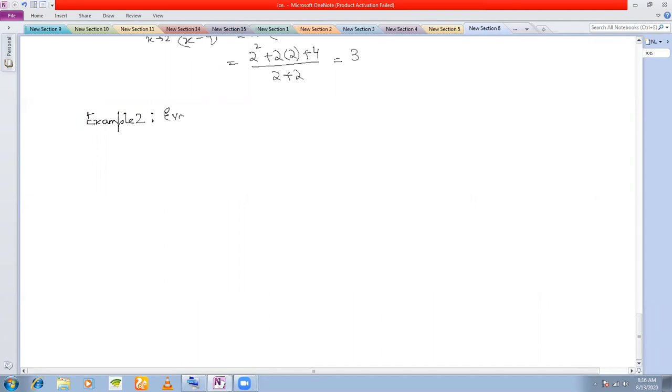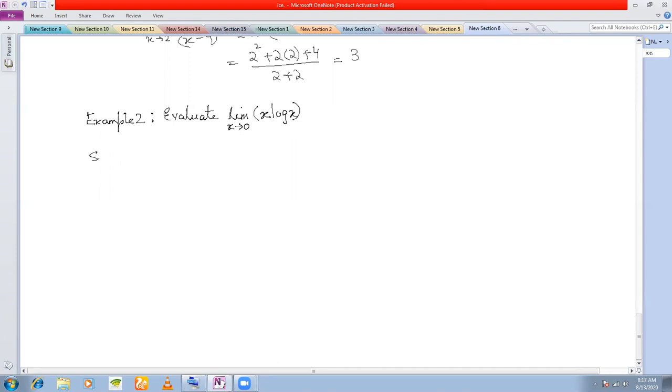Evaluate the limit as x tends to 0 of x log x. Okay, now what form is this?